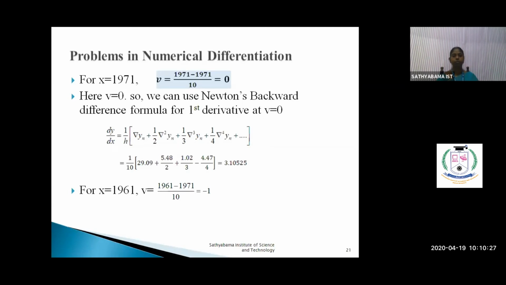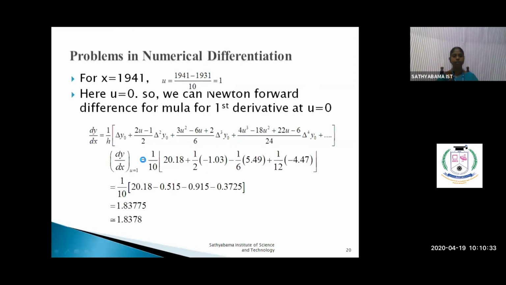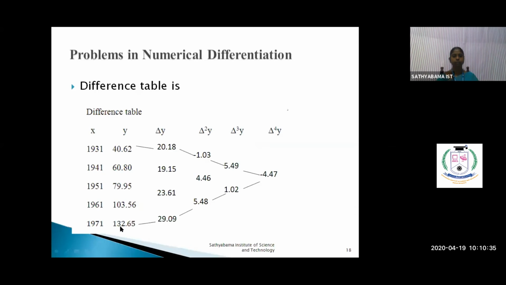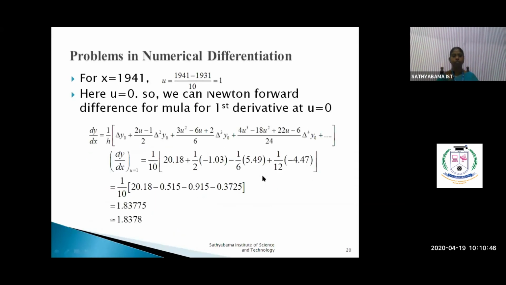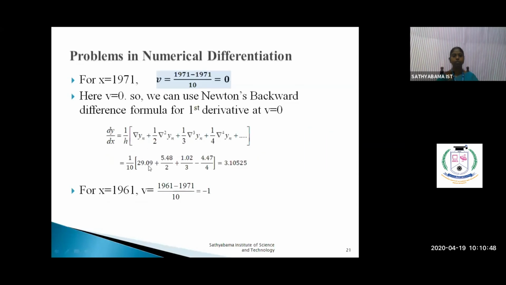So now I am going to use this formula. It's equal to 1 by 10 del yn. So where is my del yn? In the table, you see that this is del yn, 29.09. It is del square yn, del cube yn, del power 4 yn. So we are using these results here.